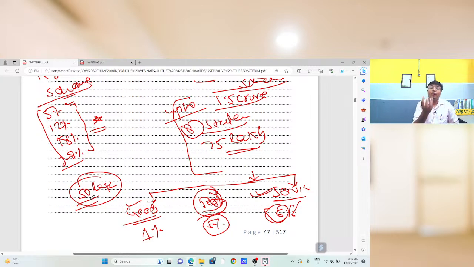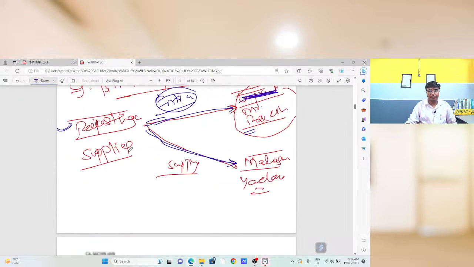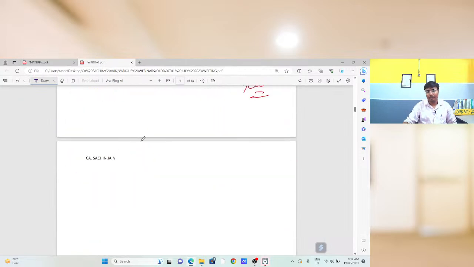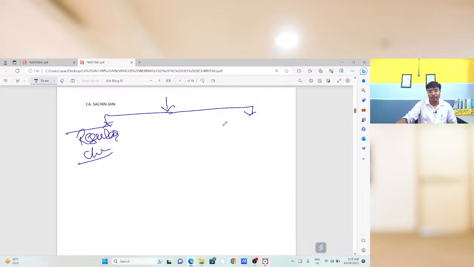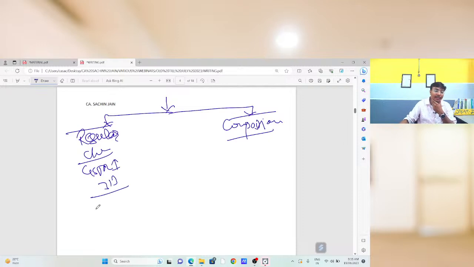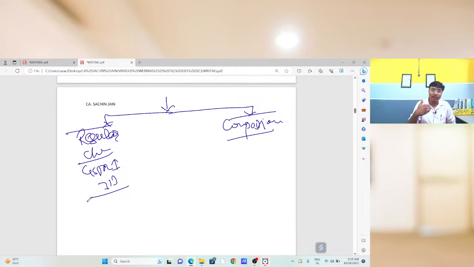Also, if I register myself under the regular scheme, I need to file my GSTR 1 return, GSTR 3B return, and annually the GSTR 9 return and 9C return based on my turnover.